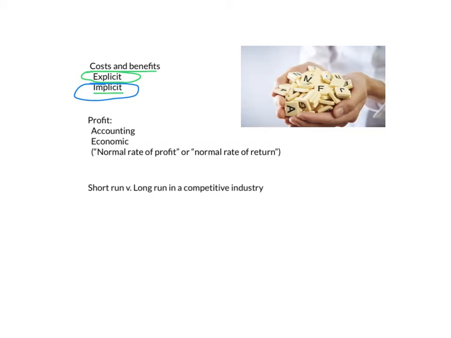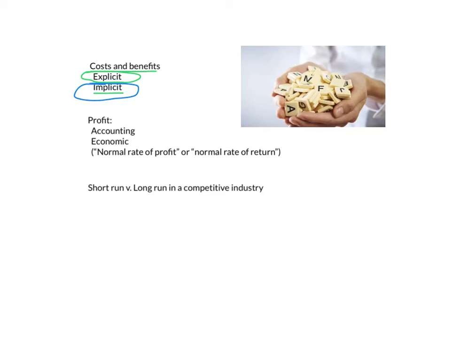I guess when I was comparing jobs, the salary was one thing, but then there were these implicit benefits. Where do I want to be? And the benefits of being out here were non-trivial. So that's an implicit benefit, and it should count in the calculation.